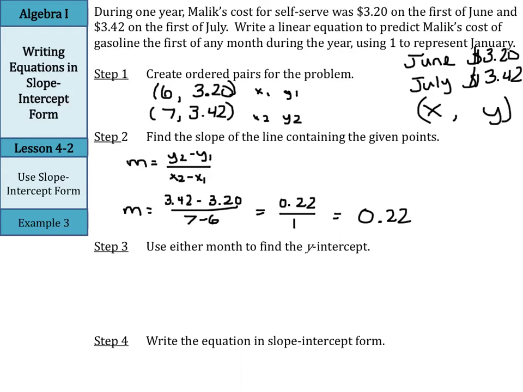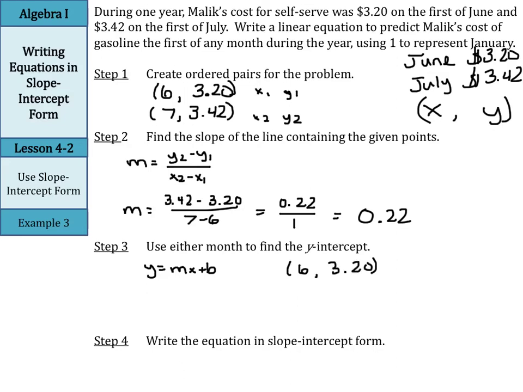Now we can use either month to find the y-intercept, like in the previous example, where you could use either ordered pair. Well, we can again use either ordered pair, whether we use June or July, in order to find the y-intercept. So we'll start with y equals mx plus b, and let's go ahead and use June. Let's go ahead and use the 6 and 3.20.